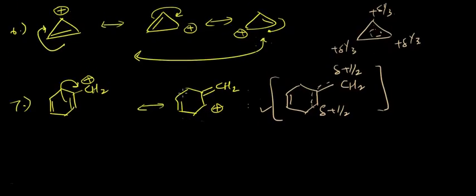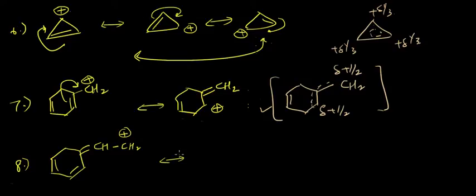Okay, so now let's look at the last example of this video lecture. We have something like this, CH2 positive here. Now what will happen is, we first start off here only.